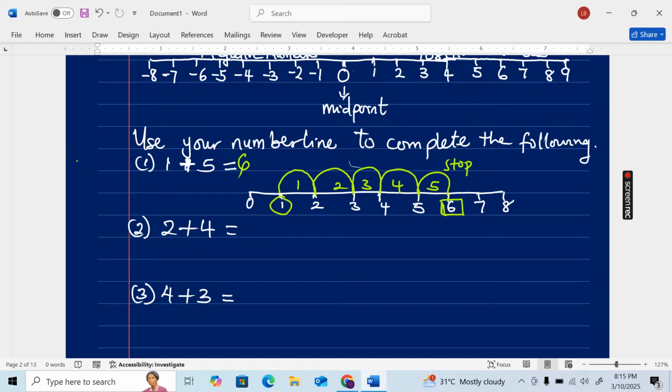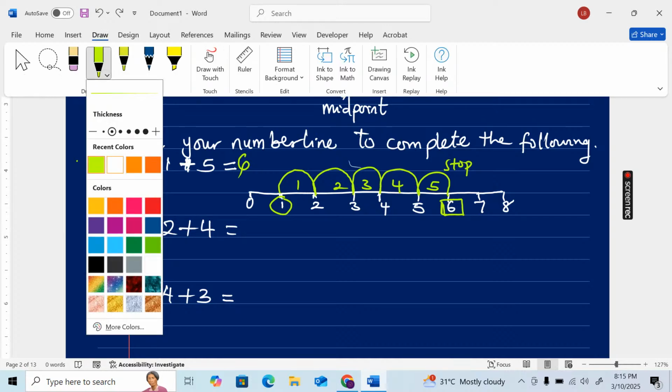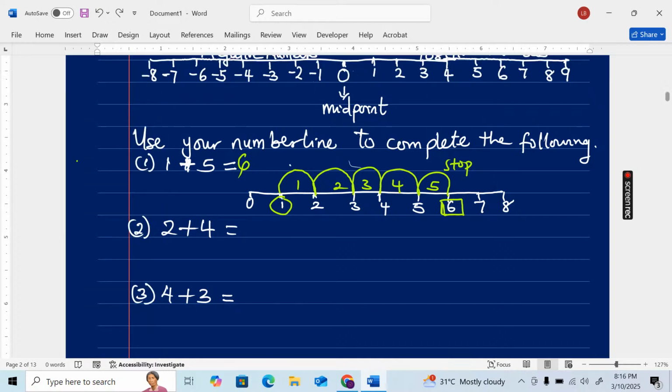They are arrows. So on your curves, draw arrows. I think I'm going to use a different color so that the arrows can show. On your curves, make sure you draw arrows that are facing the right because we counted to the right.